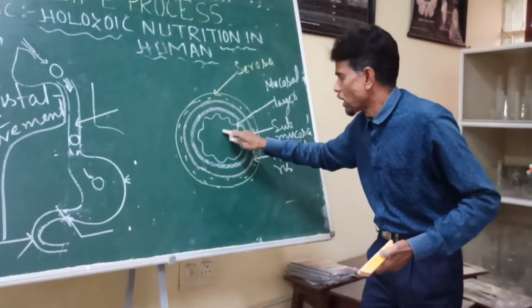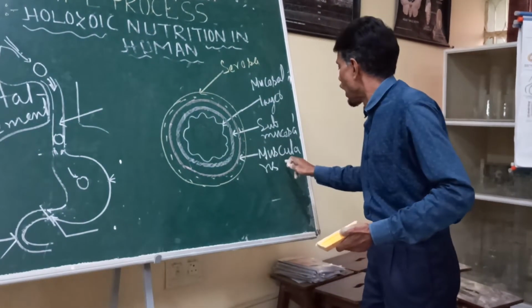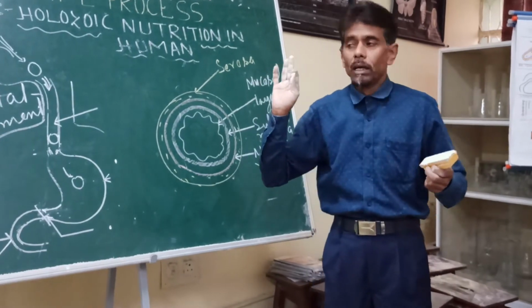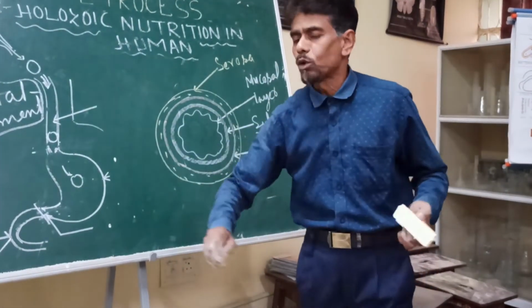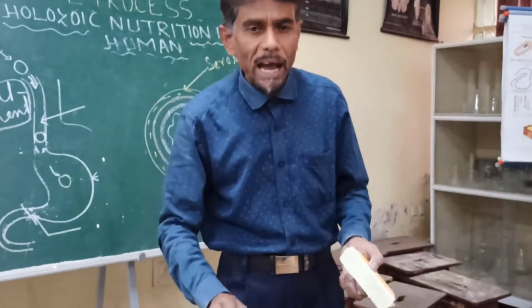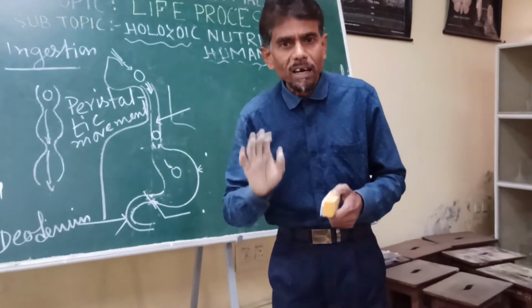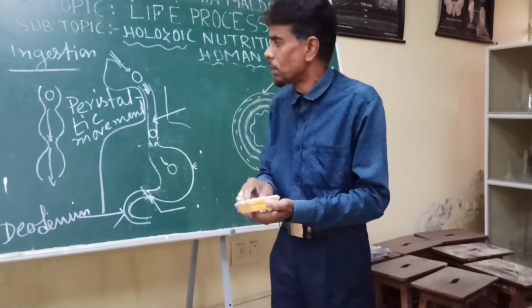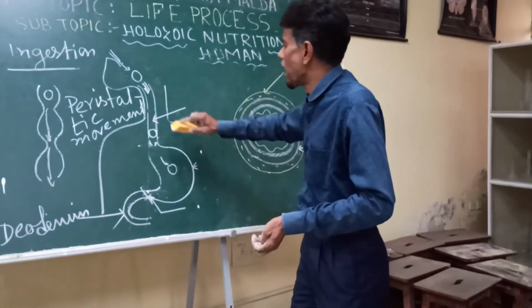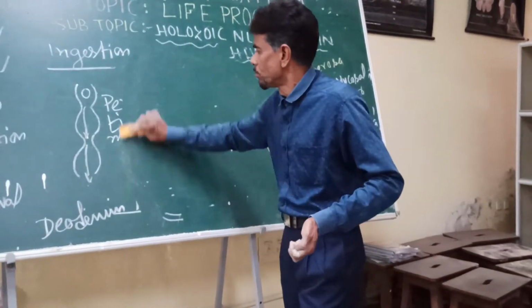So the innermost layer covering the lumen is the mucosal layer. This layer is filled with glands called gastric glands. This secretes very important substances. What are the important substances secreted by the inner wall of the stomach?